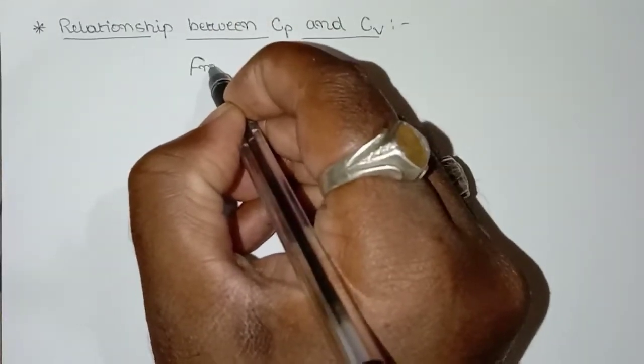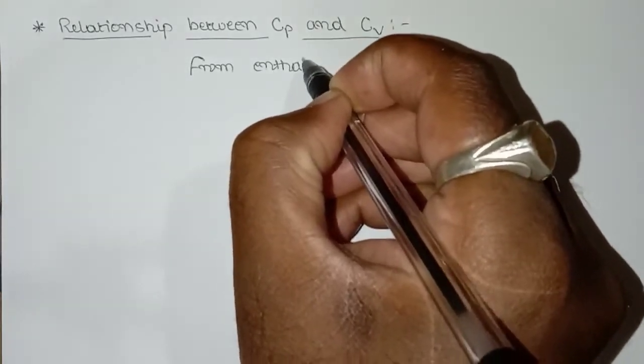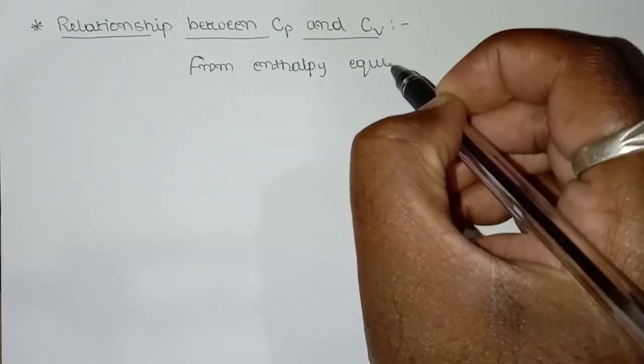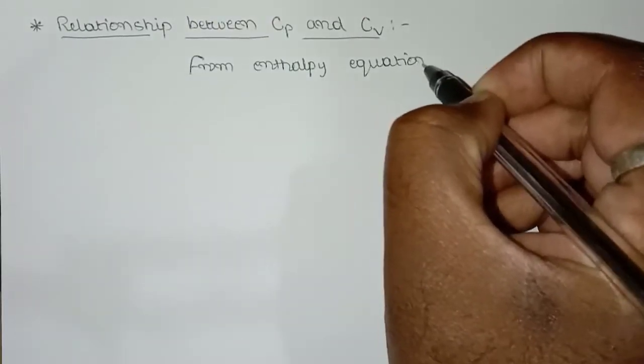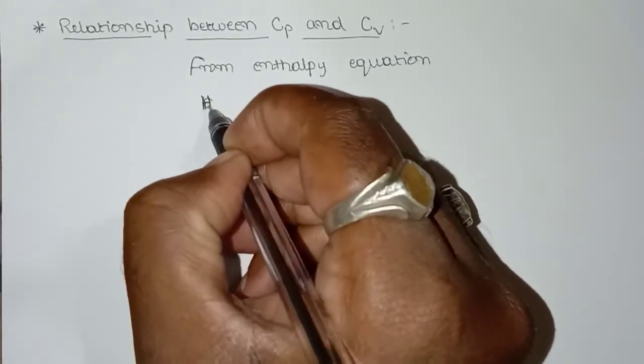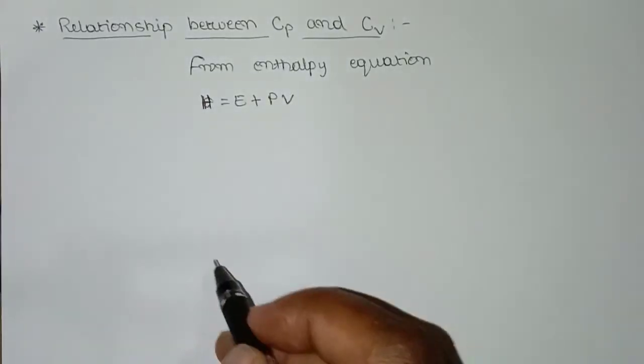From the enthalpy equation that we already gave in the previous topic, H is equal to E plus PV. This is called the enthalpy equation.